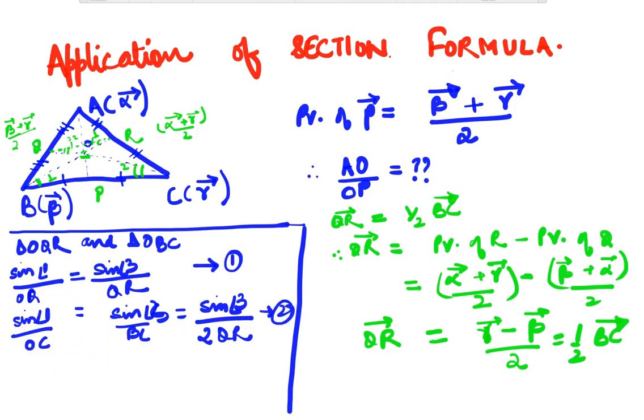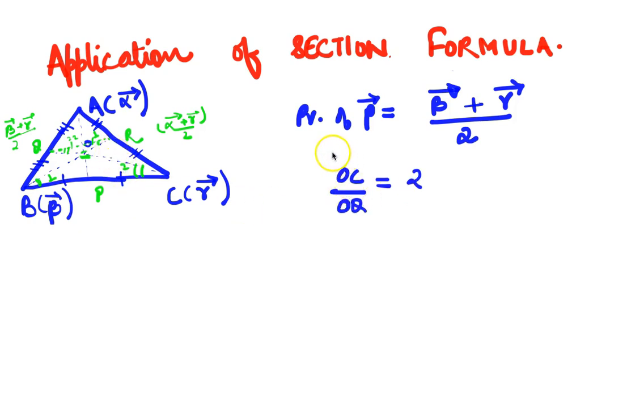If I divide equation 1 by equation 2, what I would get is OC by OQ is equal to 2. So we have just proved that OC by OQ is equal to 2.